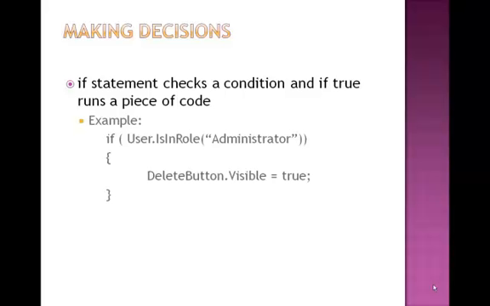For example, if we want to make a button visible only when the user of the website is an administrator, we can use code like this: if user.isInRole administrator, and this function evaluates to true if the user is admin, then we make the visible property of the delete button equal true.